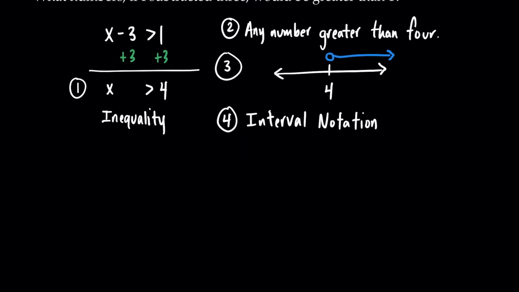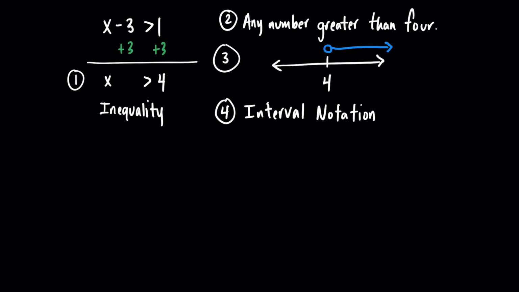So what I'm going to say here is everything greater than 4. And the way that I do that with interval notation is I'm going to say, hey, I want you to start at 4, and then I want you to end at, and I actually don't want you to ever end, so I'm going to write infinity here. This right here is interval notation. That's it. That's all you have to say right there. So you say starting at 4, going up until infinity, any number in that range or that interval would work.